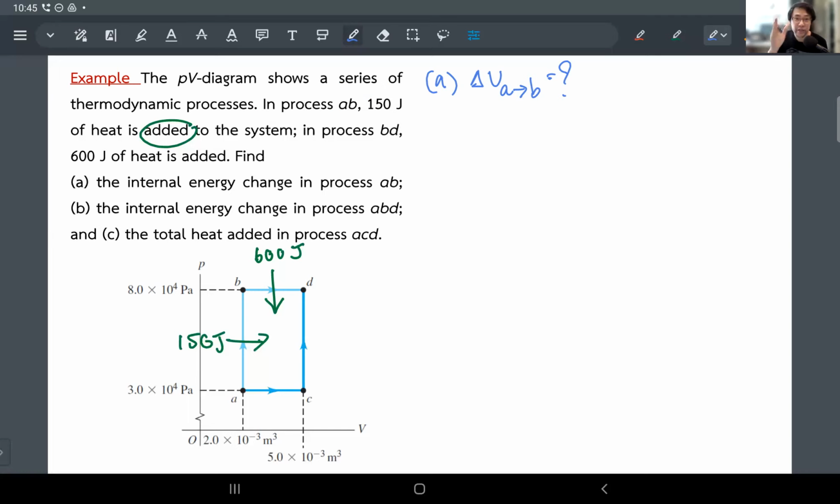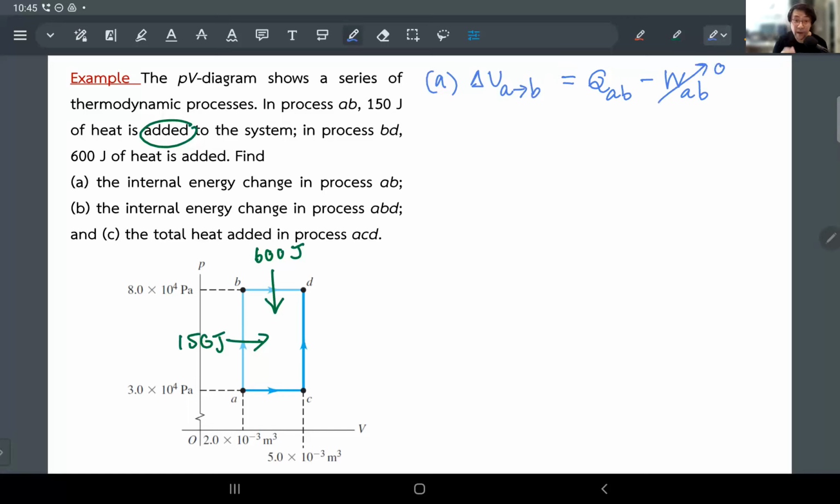Whenever we talk about internal energy, heat, work, that means you need the first law of thermodynamics, right? So change of U from A to B is equal to the heat during the AB process, subtract the work done during the AB process. Now, let me put just AB, meaning A to B. But you can see A to B is a constant volume process, so the work term is gone.